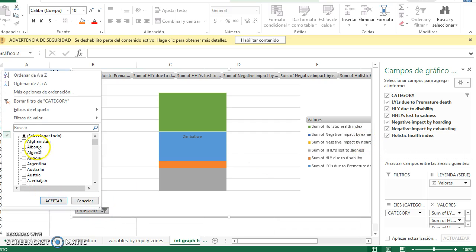Let's look, for example, at how the world looks, and let's compare it with possibly the most powerful country, the United States, and let's look at the other superpower, China, and so on.